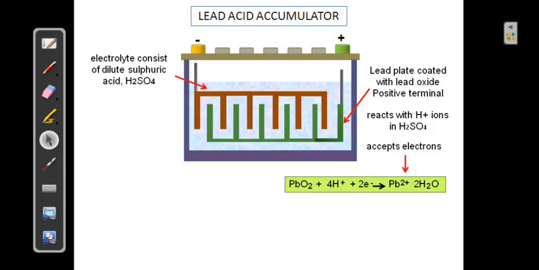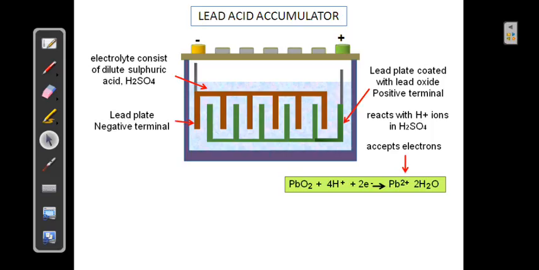So upon receiving electrons, PbO2, that is plumbum, O2 plus 4H, 4 hydrogen, after accepting 2 electrons, will yield Pb2+ ions and plus 2 H2Os.